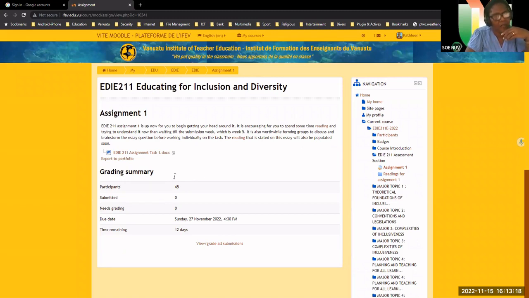This reading talks about 3 learning theories. So you will read this reading and see how these 3 learning theories support and promote inclusion and diversity in a school setting.